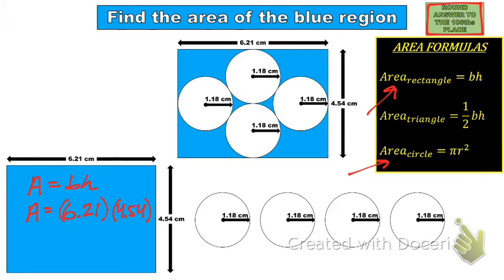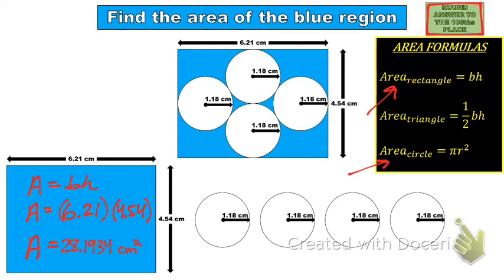When we multiply those two numbers together, our answer is 28.1934, and our units, because we're finding area, are centimeters squared. And so that's the area of the blue rectangle before four circles were cut out of it.